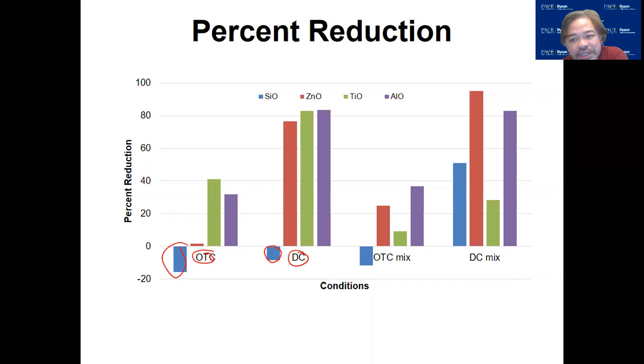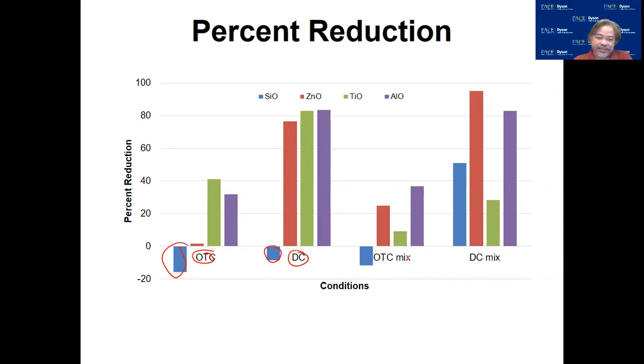So we observe a great reduction in DC compared to OTC. And if we mix them, we also see the same trend. The DC has a higher reduction compared to the OTC.